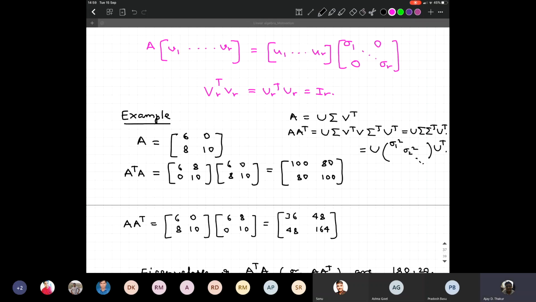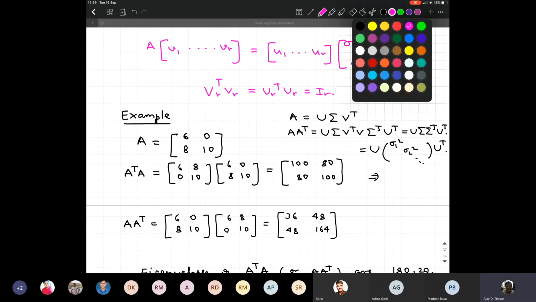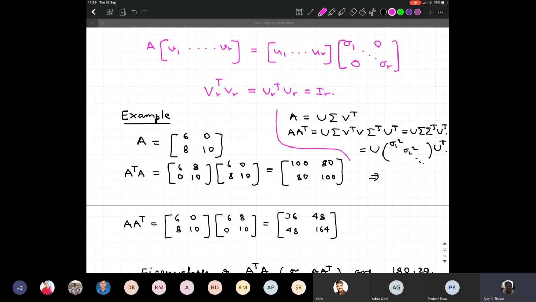Right, so that is what you will end up getting. So therefore, now if you apply U on it, this simply implies that, let's just partition this part just to make sure that you are able to see this.